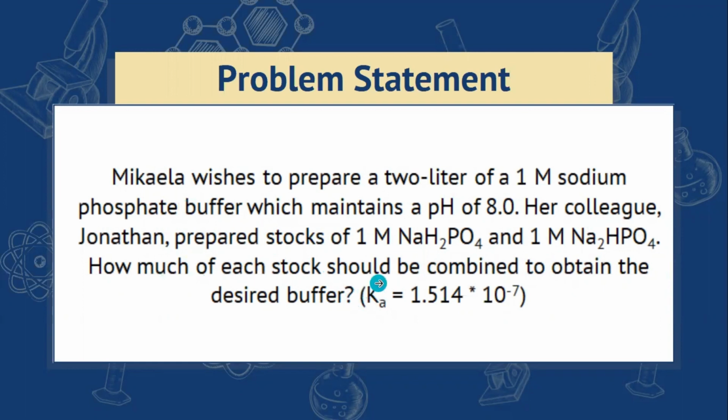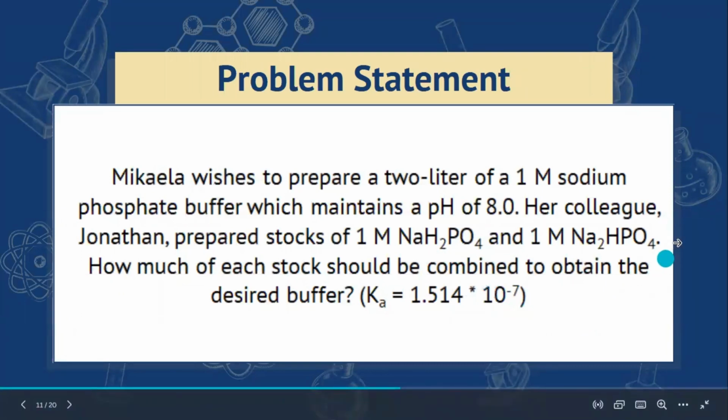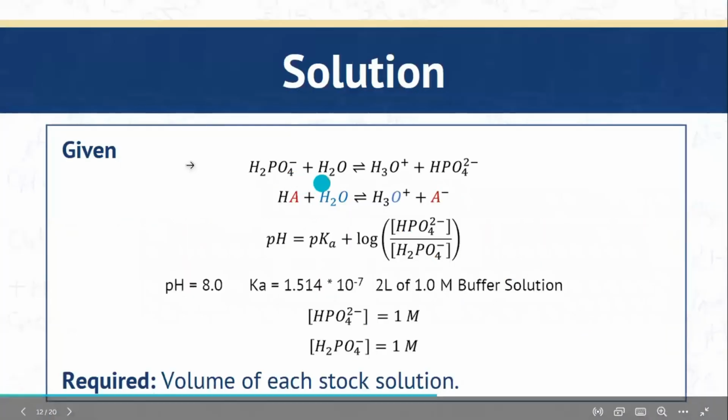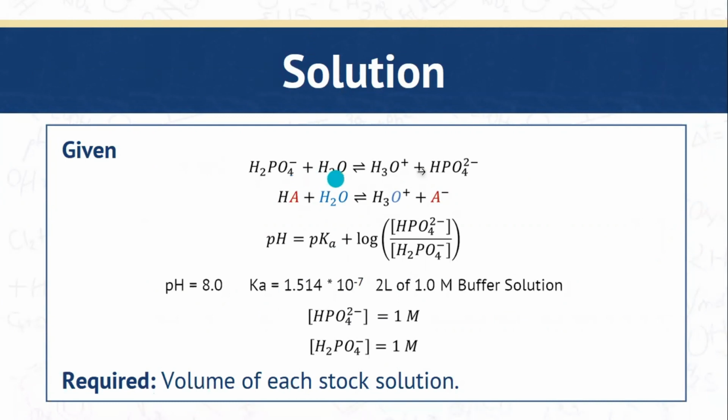We're given that the Ka is equal to 1.514 times 10 raised to negative 7. So we're given this resulting equation. The dihydrogen phosphate in water reacts reversibly to form hydronium and the hydrogen phosphate.